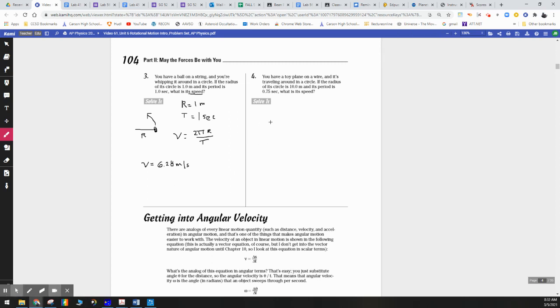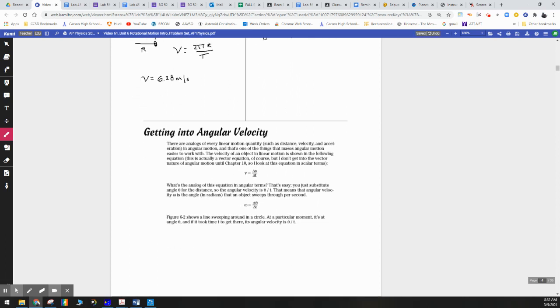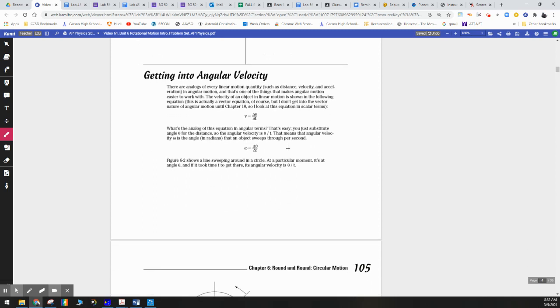All right, so number 4 here, plugging everything in should be about 84 meters per second. That should be the solution on that one. Okay, so let's go down to the next section, getting into angular velocity. We'll let you read about this here.